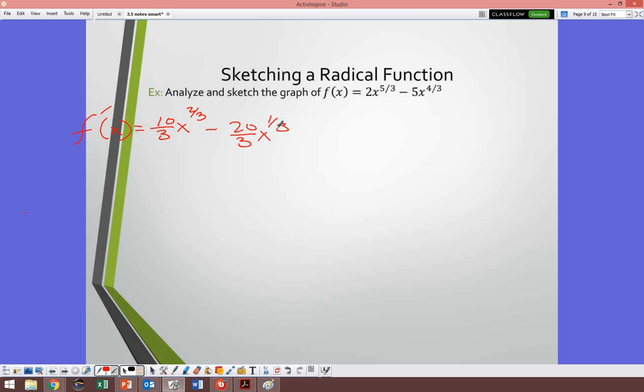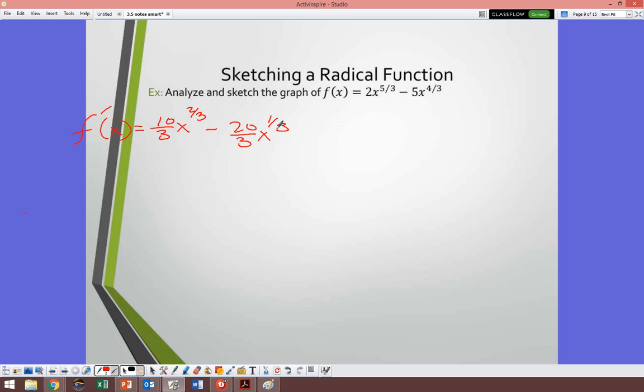Okay, so think about it. Do I have any restrictions here? No, there's no x in the denominator. But I have fractional exponents. In a fractional exponent, the top number is the power, and the bottom number is the root. Since it's a cube root, there's no restriction.